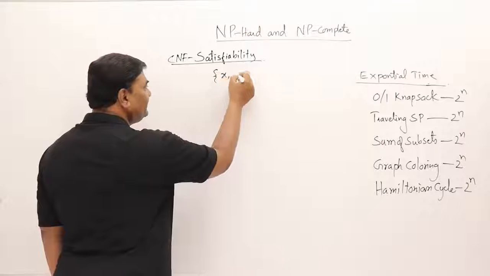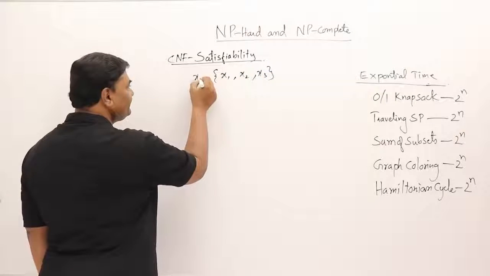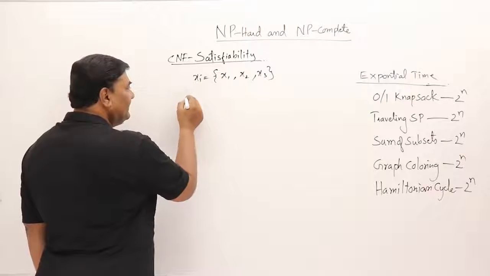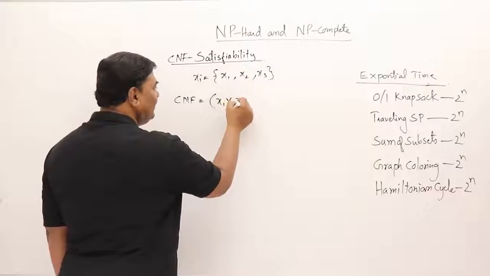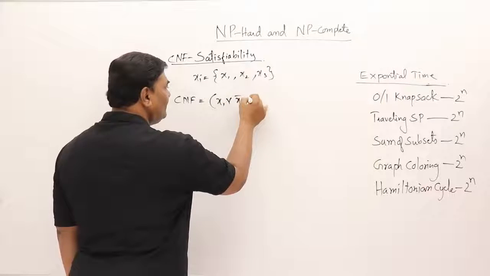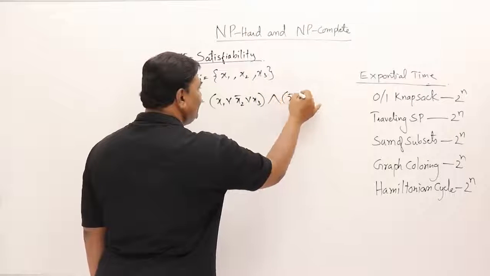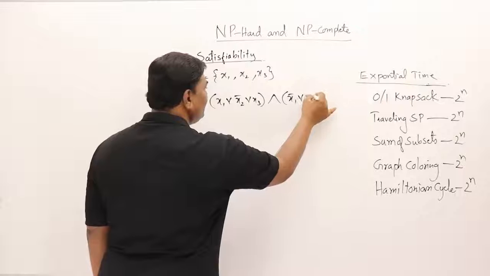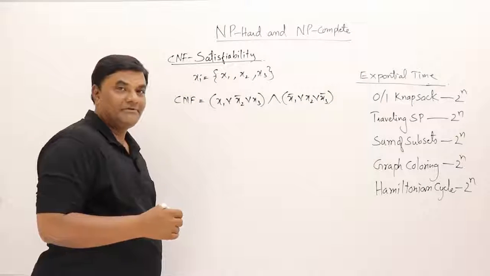Let us say x1, x2, x3. I have three Boolean variables xi. Then there is a CNF formula. The example formula I am taking is (x1 or x2 bar or x3) and (x1 bar or x2 or x3 bar).